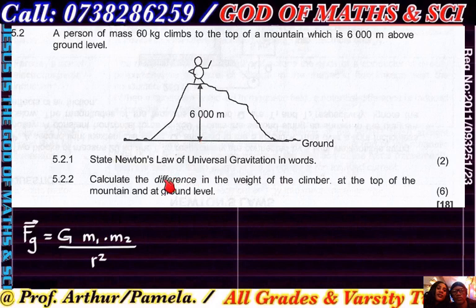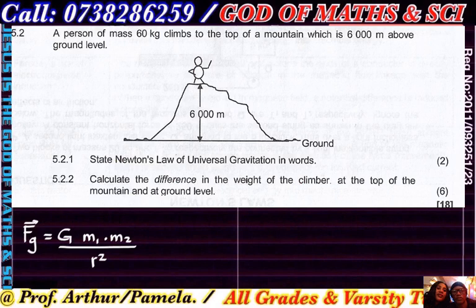So now let's talk here. Calculate the difference in the weight of the climber at the top of the mountain and at ground level. I don't know what planet we're dealing with for that M. But I'm going to draw two scenarios for you to understand.